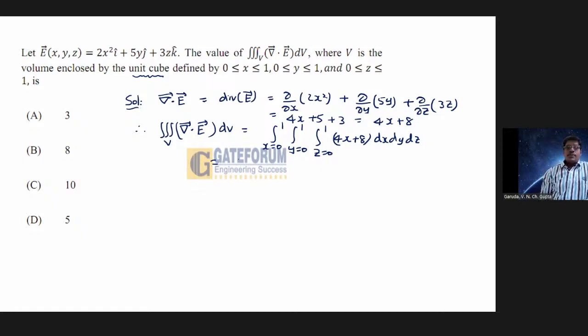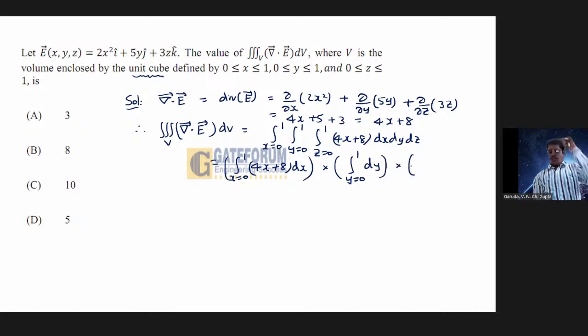So this can be written as the integral of x from 0 to 1, 4x plus 8 with respect to x, into the y integration with limits 0 to 1. There are no y terms, simply dy, into the integral of z from 0 to 1 dz.